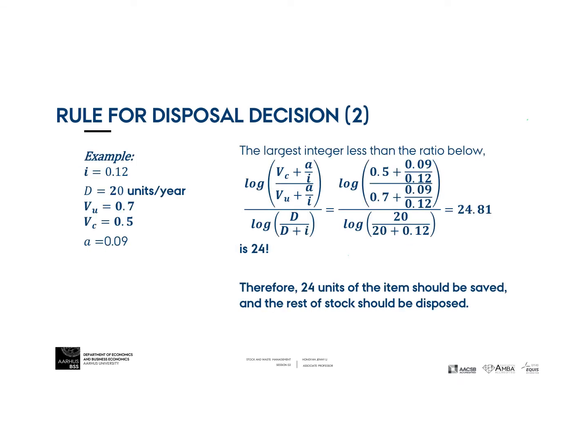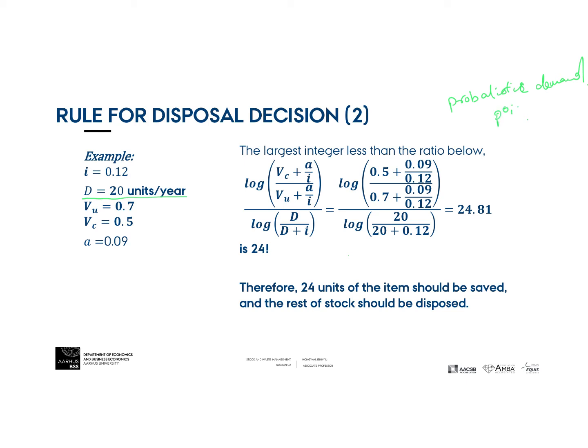Next, we see another rule for disposing inventories. Here we look into very slow-moving items. In this example, we have a demand of 20 units per year, so it's very slow-moving, and we also assume a probabilistic demand, or stochastic demand.